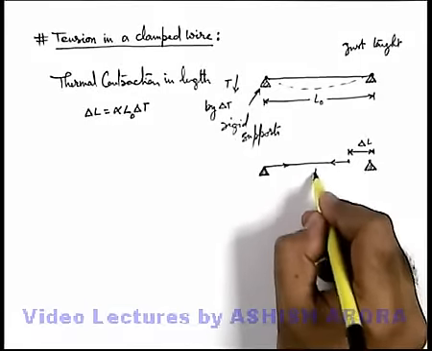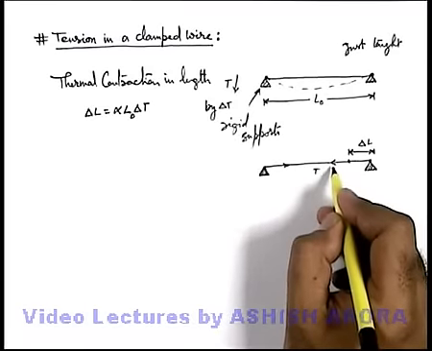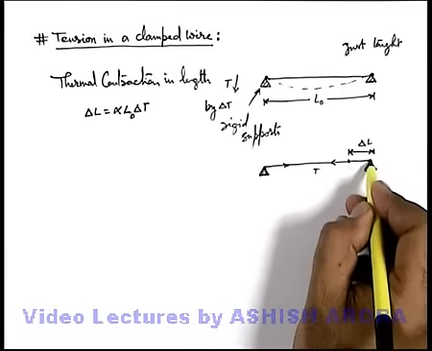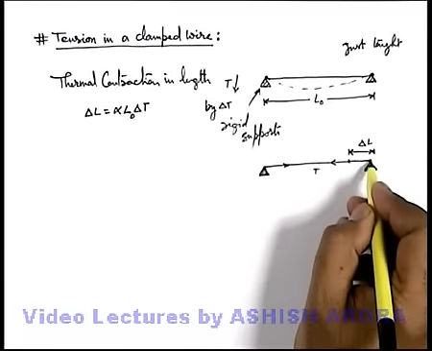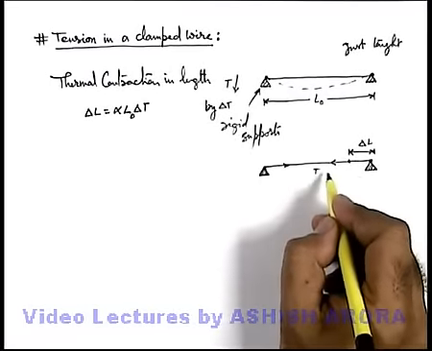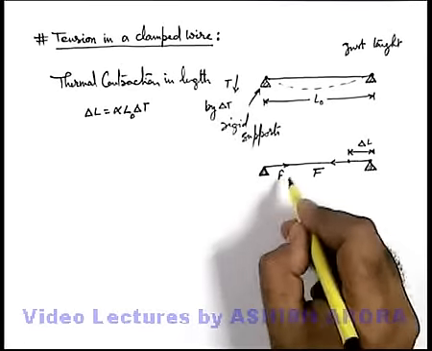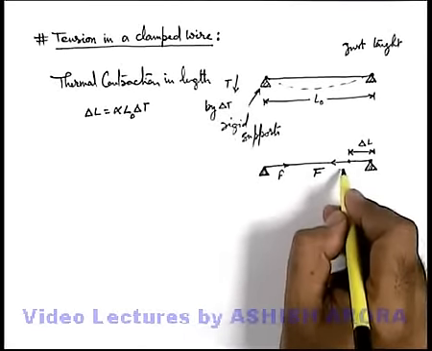Say the tension developed will be F, and the wire is elastically expanded and again clamped at the rigid support.